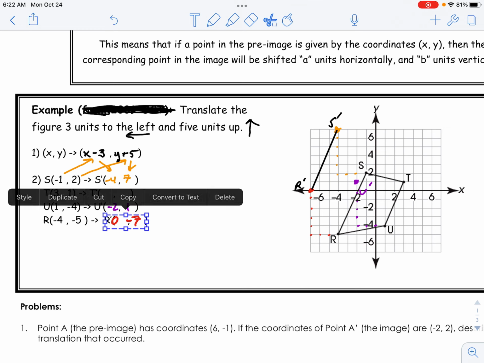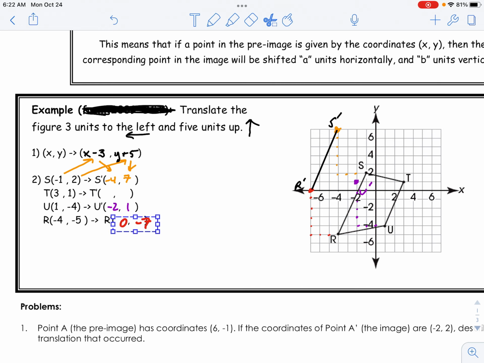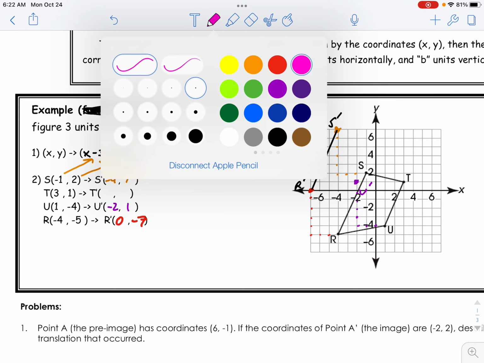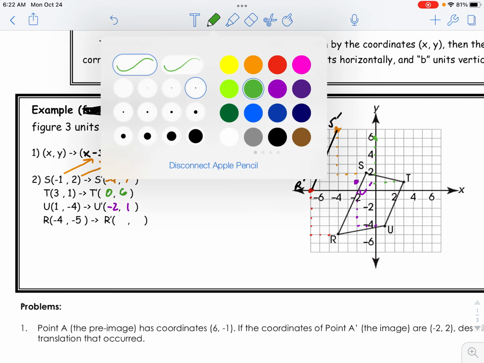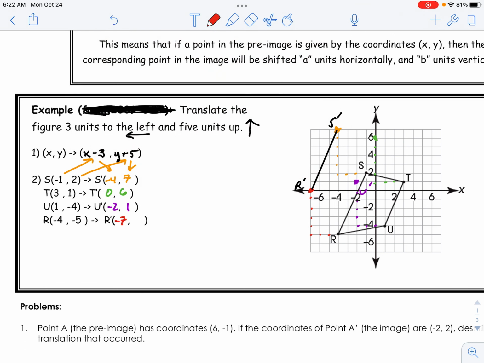And it's okay to make mistakes, especially when we catch them. All right, so it's not really that big of a deal. Got a little distracted. All right. There we go. So T will be 1, 2, 3, 1, 2, 3, 4, 5. So T is at 0, 6. And I realized I made a double mistake. That point was -7, 0. It's okay though.